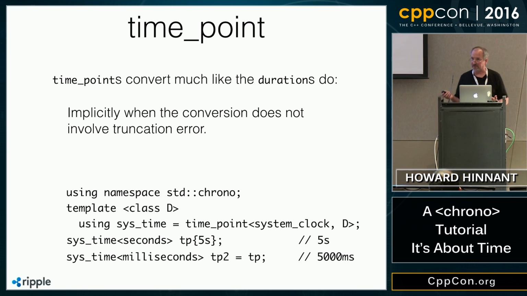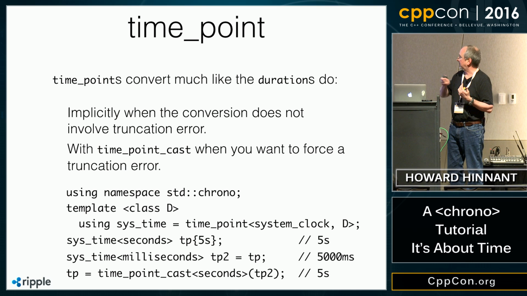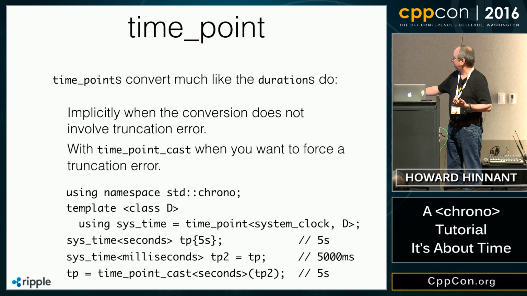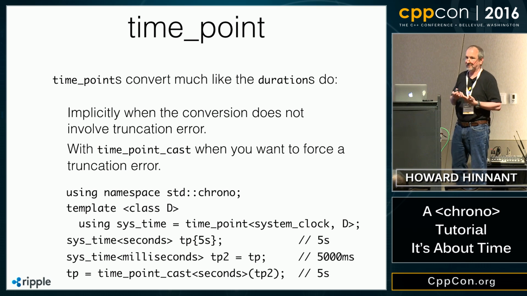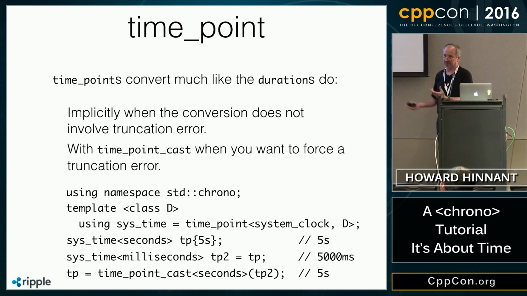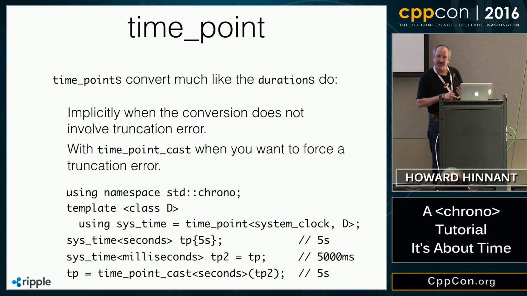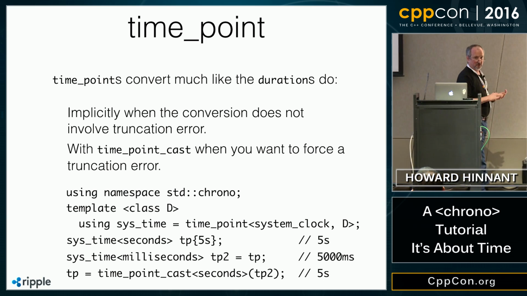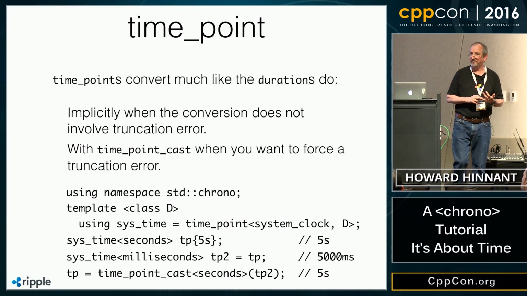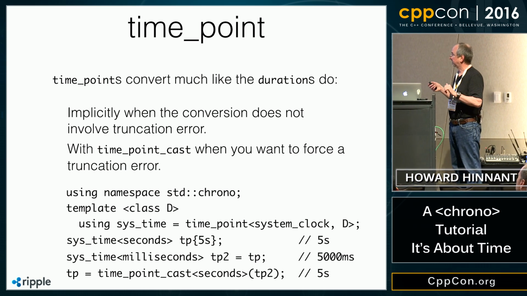Now, if you need to go the other way, like duration cast, there's a function for that. It's called time point cast, and that will allow you to convert from a fine precision time point to a coarser precision time point. And the C++17 rounding functions that I mentioned earlier, floor, round, and ceiling, are also all available for time point with the exact same spelling: floor, ceiling, and round.